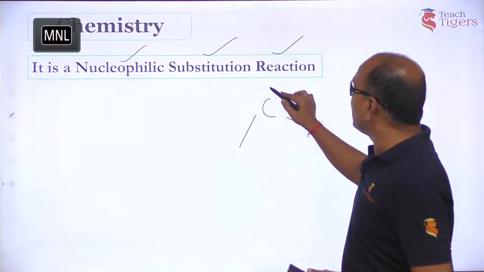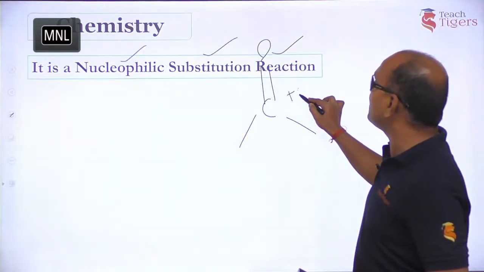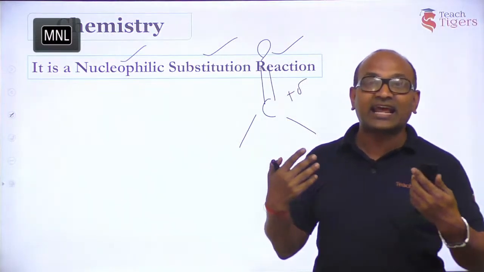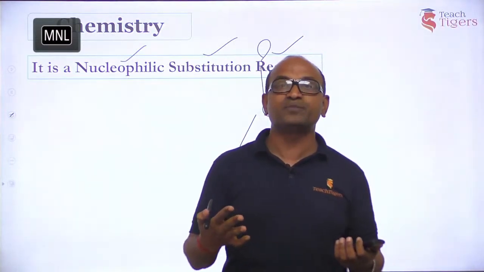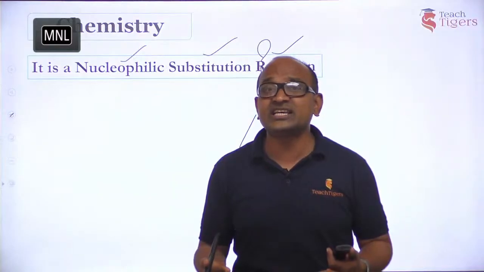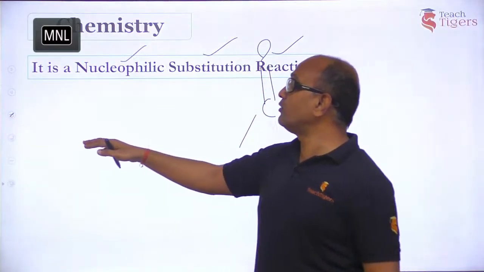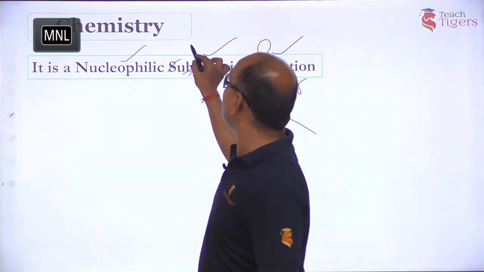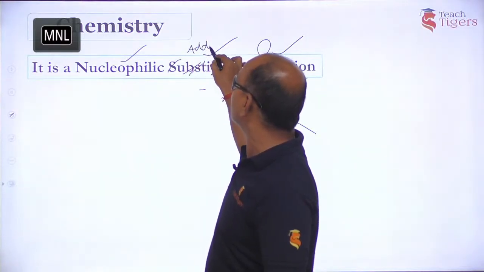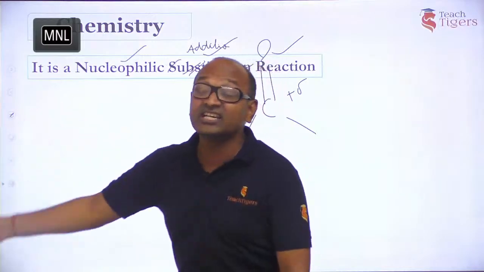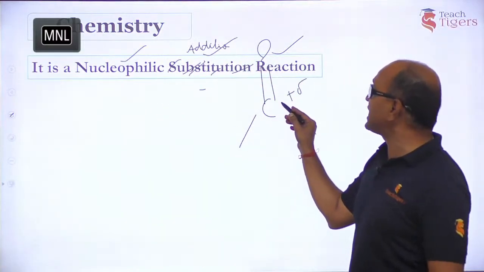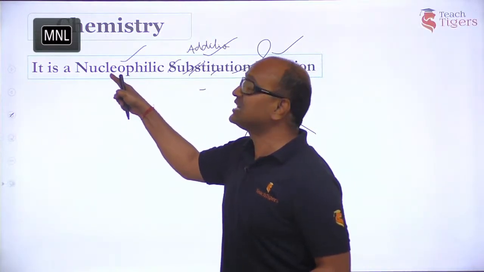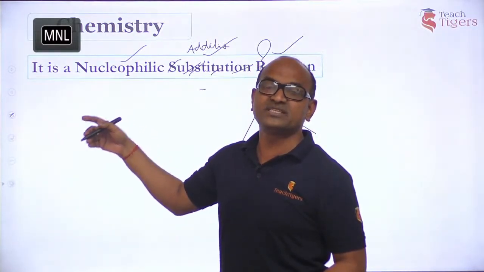Because the carbonyl group has got a partial positive carbon and hence it loves to attract negatively charged species. That's the reason they undergo nucleophilic, not substitution, guys. This is a nucleophilic addition reaction. I'm very sorry, right? Why nucleophile? Because the carbon of the carbonyl group is positively charged and it likes the nucleophile, a negatively charged species.